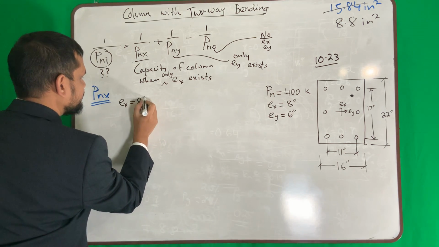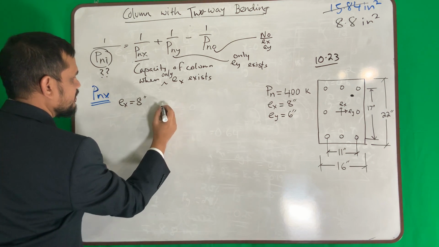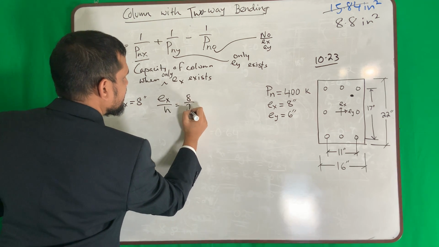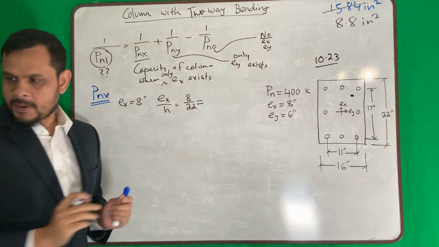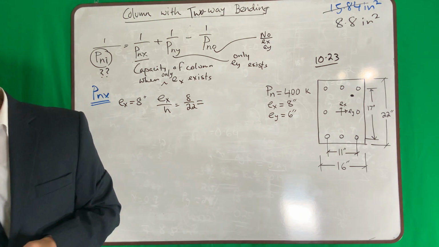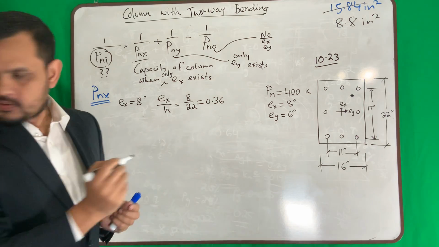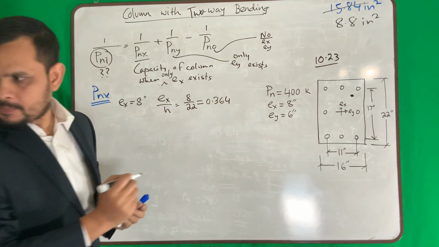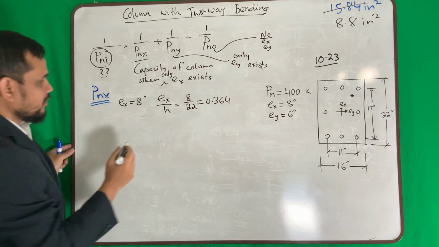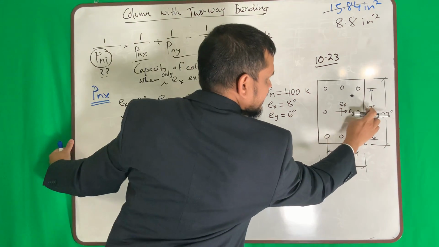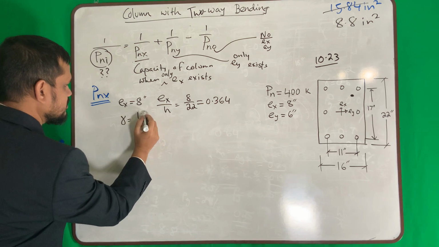8. Then what is EX divided by h? 8 divided by 22, so 0.364. What is our gamma? Gamma is 17 divided by 22.